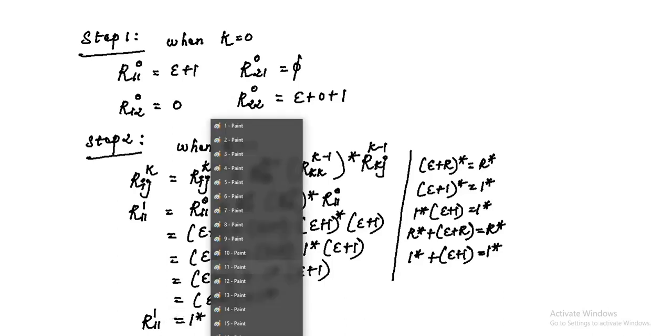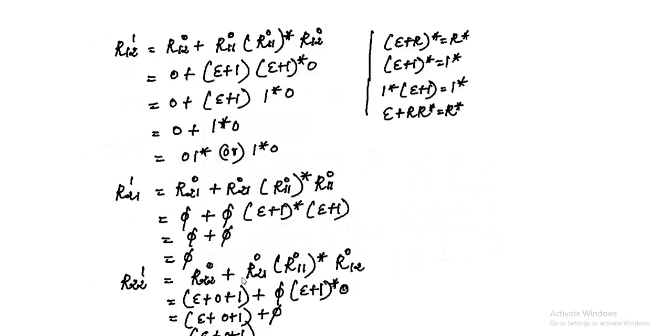Then move to the next combination. The next combination is R12 raised to the power 1, where i value is 1 and j value is 2.